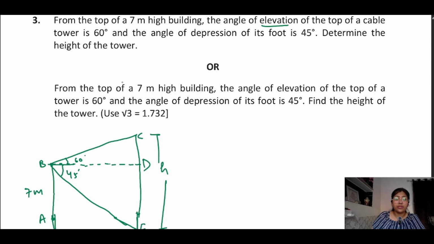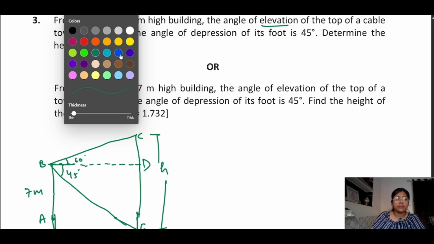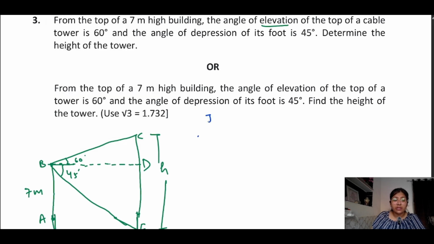Try to solve this. In triangle CBD, let this length be y. So tan 60 equals y over BD, so the value of y is BD root 3.